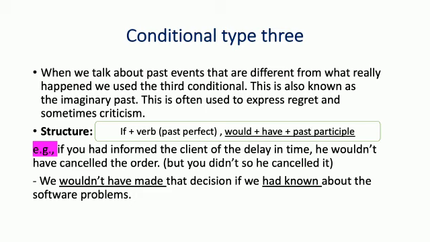So this is what we call regret or criticism, but you didn't, so he cancelled it لأنك لم تخبره، هو ألغى الطلب. You see the condition and the result clause. This is conditional type 3 and the context in which we use it.